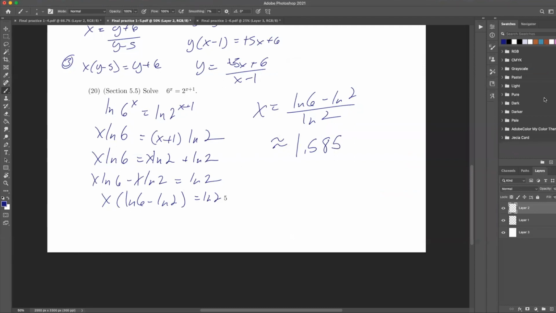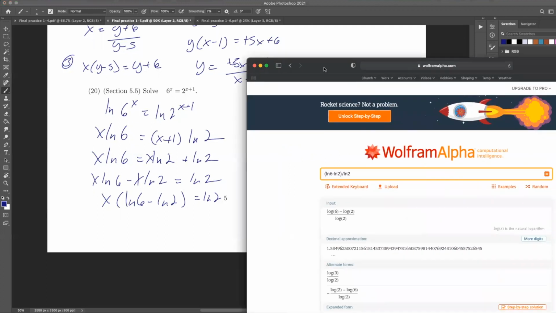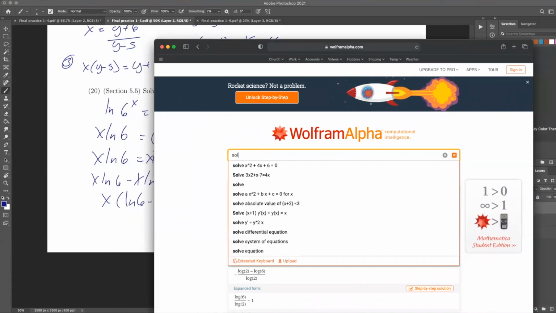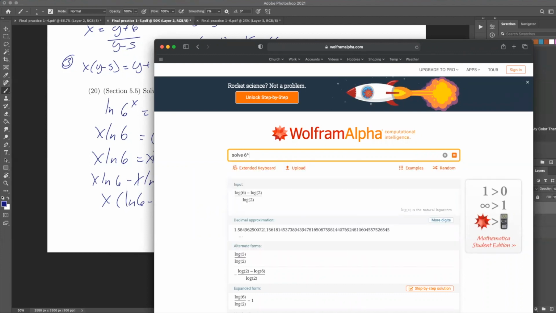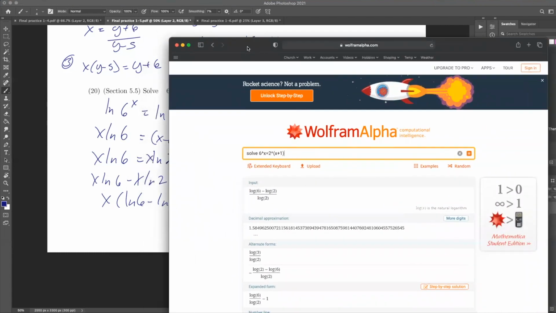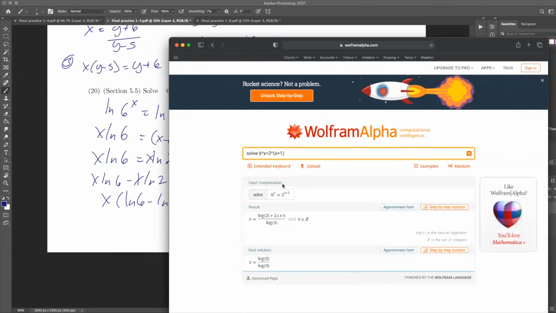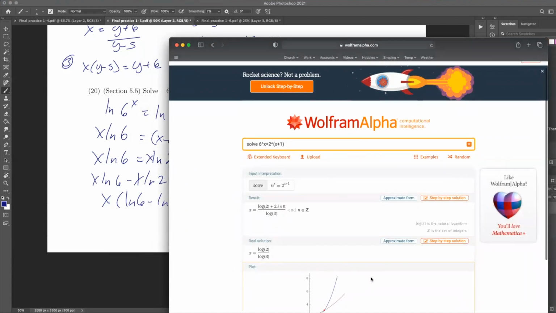And then here, if you want to check it, you can also say solve 6 to the x equals 2 to the x plus 1. Is that what we had? Is it x plus 1 or x minus? Yep, x plus 1. Okay, approximate form.